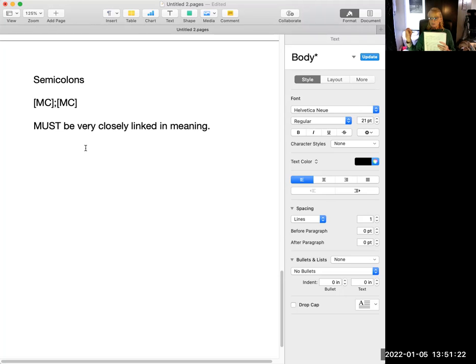Parallel in structure just means that they have the same part of speech in each part. Or in this case, you have two main clauses, but maybe it's going to be subject, verb, prepositional phrase. So the second sentence would be subject, verb, prepositional phrase. That would be a case when they're closely linked in meaning and they have the same structure, then that would be a good time to use a semicolon. So we'll look at that example.